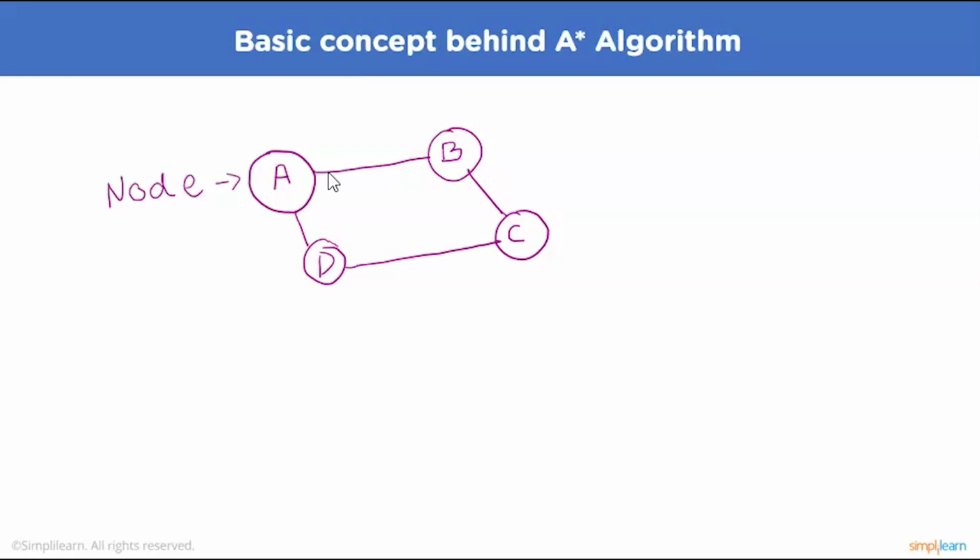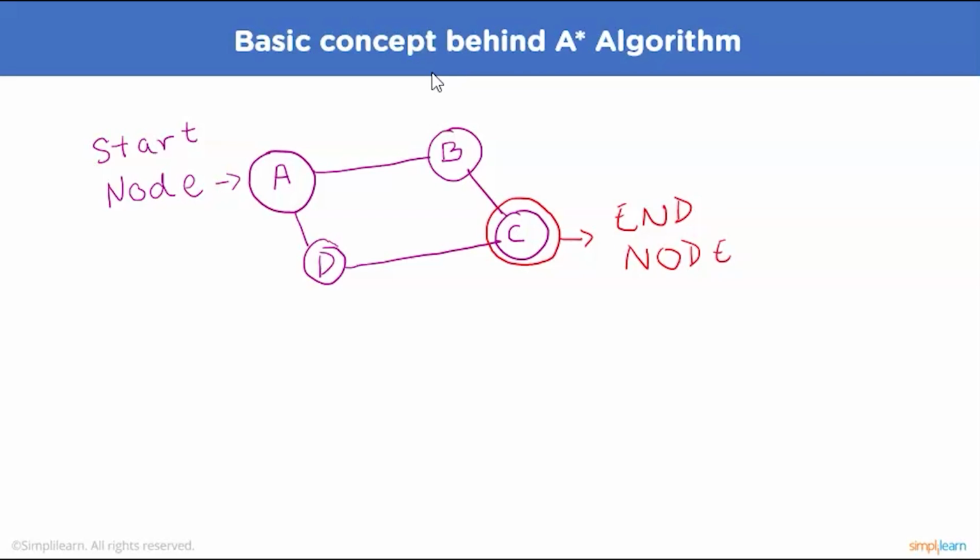So now how do we know where we need to go in our graph? For this, we have something called a start node and an end node. So let's say our A is nothing but a start node. And our C over here, this node is our end node, right?